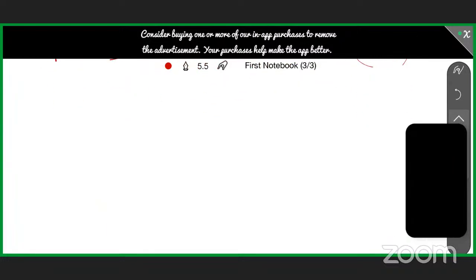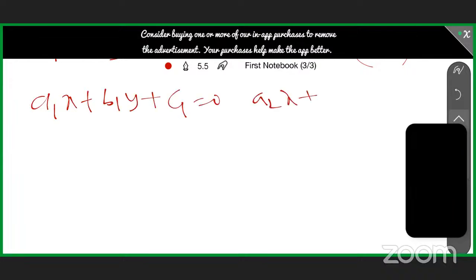Let us say the lines are a1x plus b1y plus c1 is equal to 0 and a2x plus b2y plus c2 is equal to 0. When these two lines are perpendicular, what condition are they satisfying? Or when do we say these two lines are perpendicular? Last class also we solved this problem.